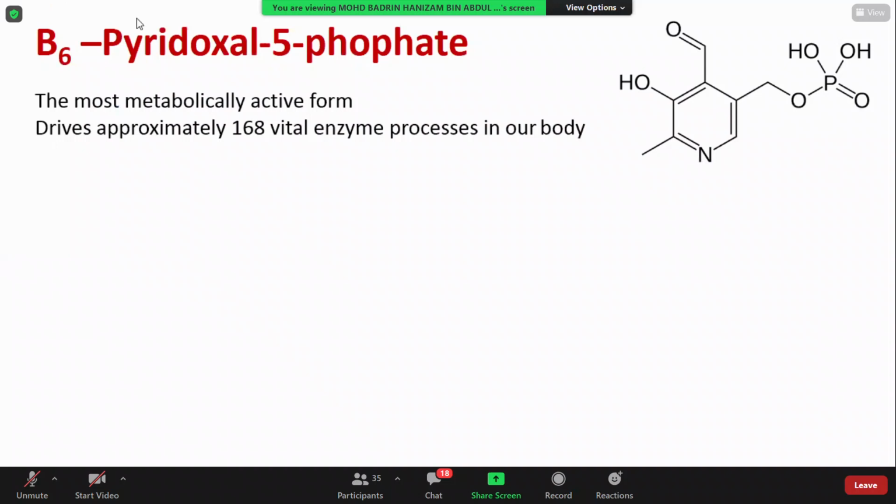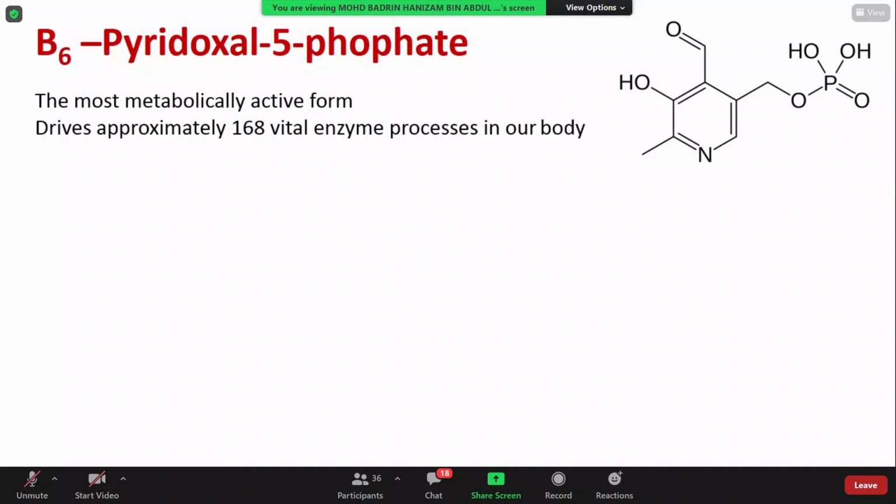Okay, so first, pyridoxal 5-phosphate, or PLP, pyridoxal phosphate. This is by far the most metabolically active form of vitamin B6, because it is responsible for approximately 168 vital enzyme processes in our body.